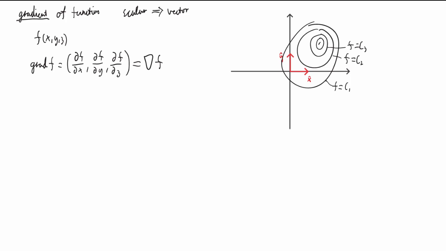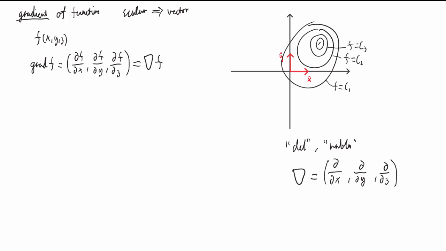This symbol here is the del, or the nabla symbol. You can see that, if you like, as a vector that consists of the operations partial d dx, partial d dy, and partial d dz. So what we have here now is a vector that's been generated from a scalar function. And we can put this vector in here.